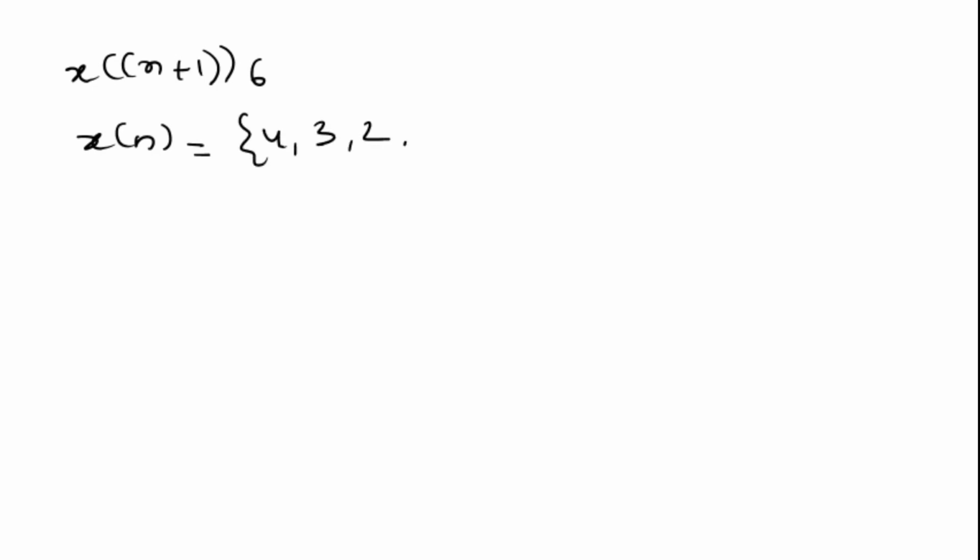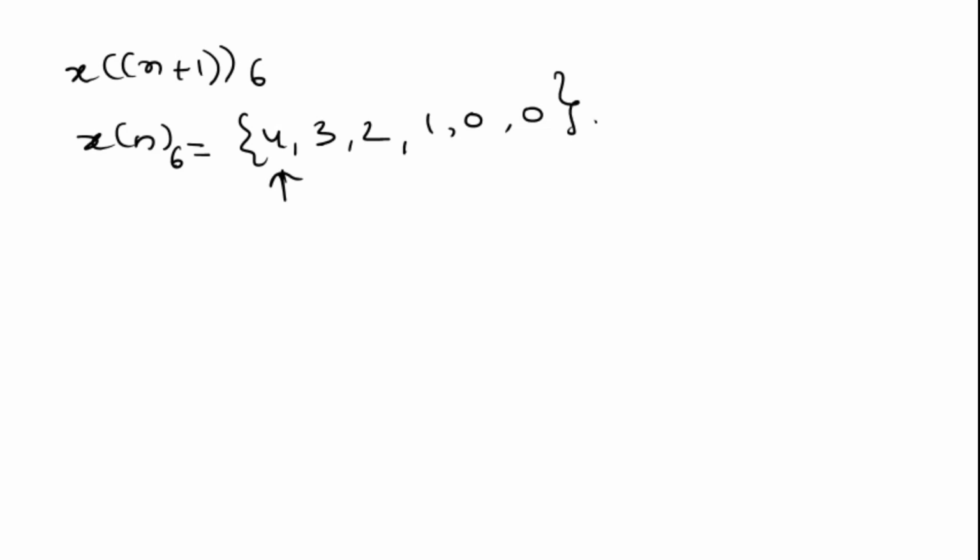Next, we have x of n plus 1 of 6. But here x of n is given with only 4 values: 4, 3, 2, 1. Since it is n plus 1 of 6, we have to add 2 zeros.